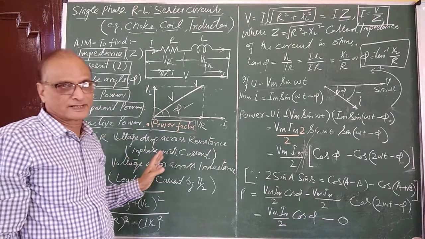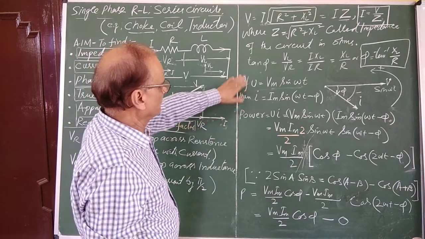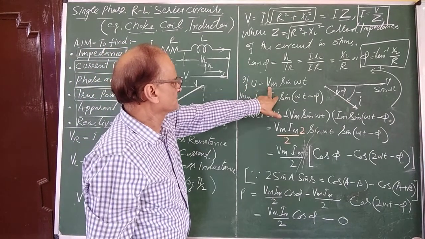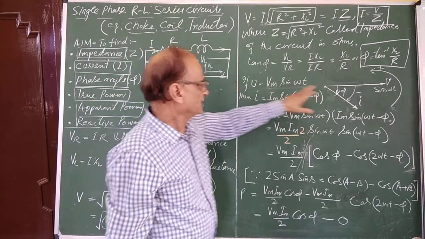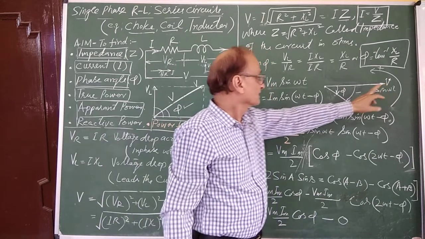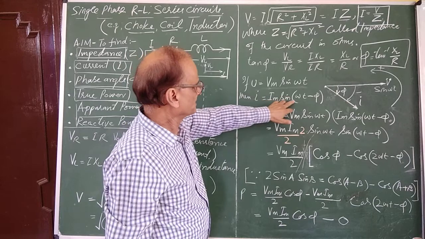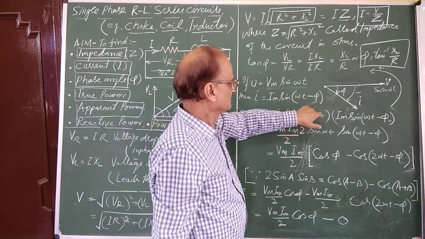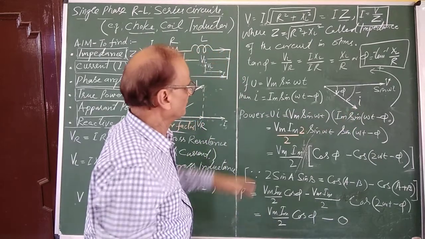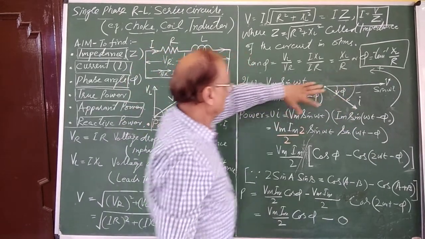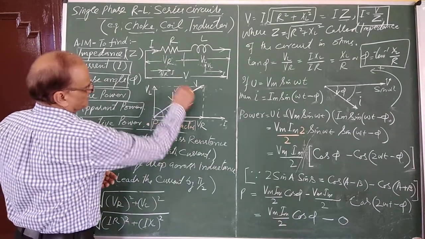Now we calculate the power. We know that V is equal to Vm sin omega t. This voltage will lie on this axis. And I is equal to Im sin of omega t minus phi. So I will lie on this axis. For understanding this diagram, we go to this diagram. Here the total voltage is here and current is here.